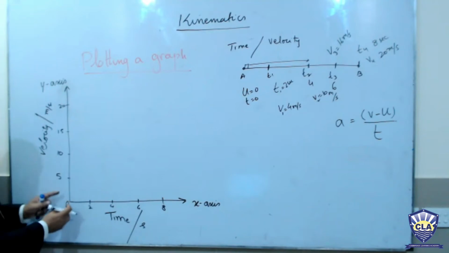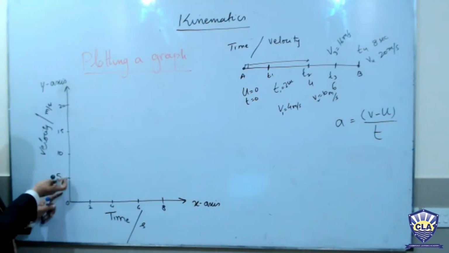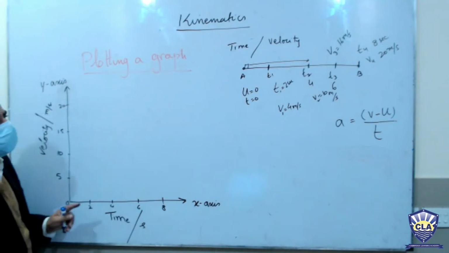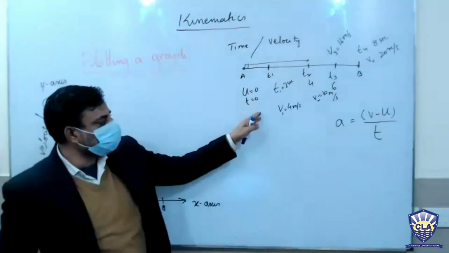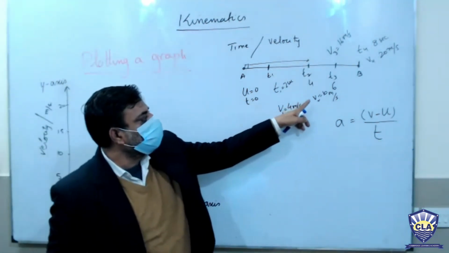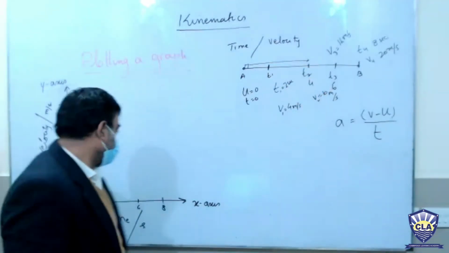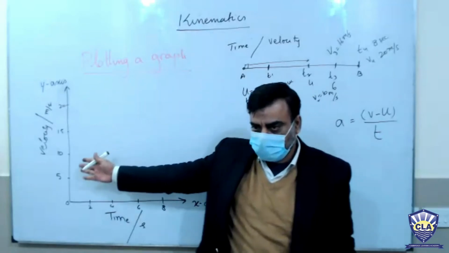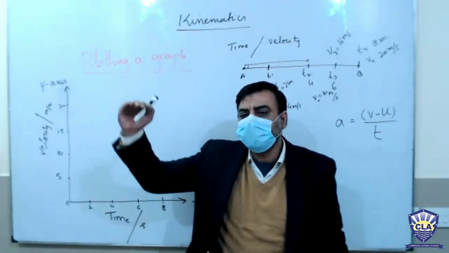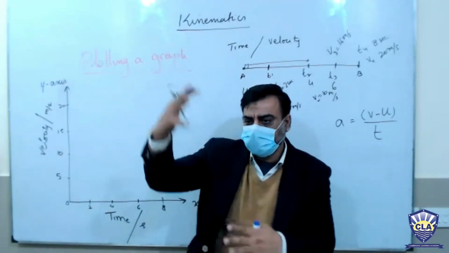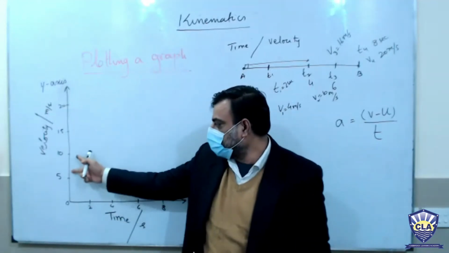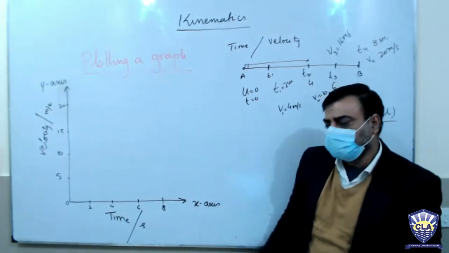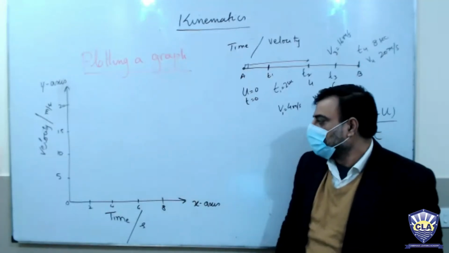The intervals should be uniform. We cannot write velocity as 4, 10, 16 or 20 over here. The intervals you consider should be even, so the gap between each interval should be the same. I'm sure you know these basic things.